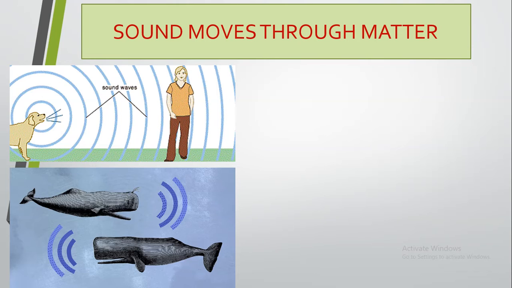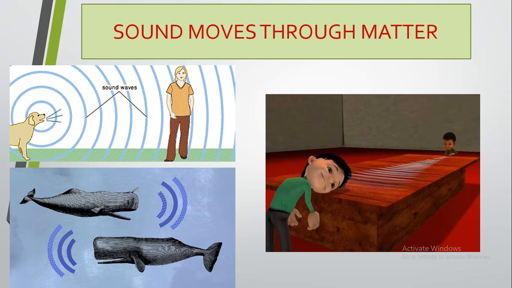So, sound waves can also travel through liquids. Sound also travels through solids, such as a wooden door or a wooden table. Sound waves travel faster through solids than liquids. They travel faster through liquids than gases.